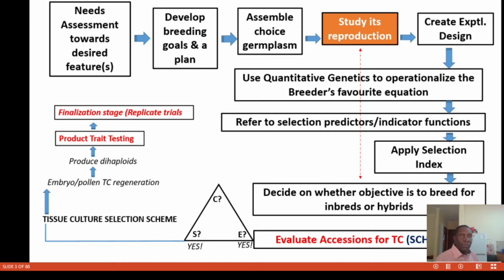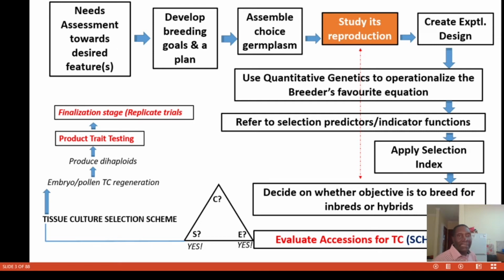And then at this point here, we are looking at studying the reproduction, but we brought this reproduction a little beyond, because we've already talked about creating experimental design. We have looked at the augmented design as a field layout design.